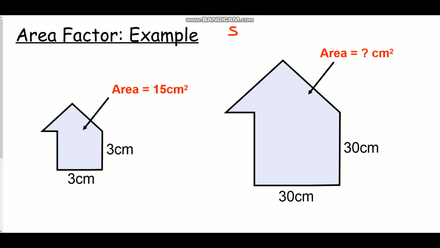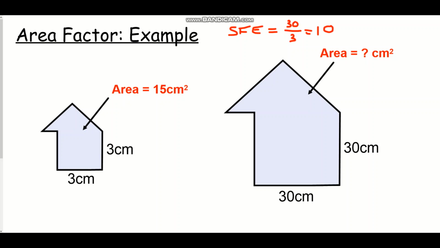SFE, scale factor enlargement, is just the side of the bigger shape, which is 30, divided by the side of the smaller shape, which is 3. And we know that 30 divided by 3 is 10. So that's my scale factor enlargement.